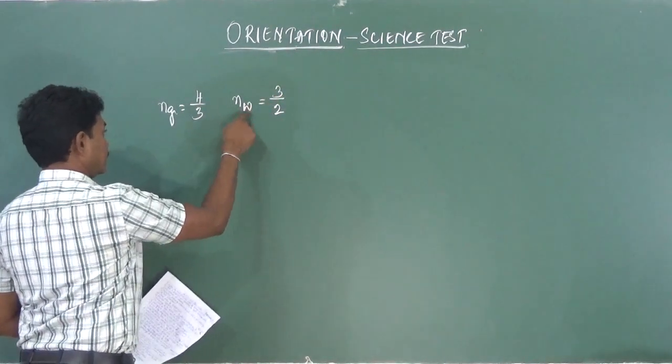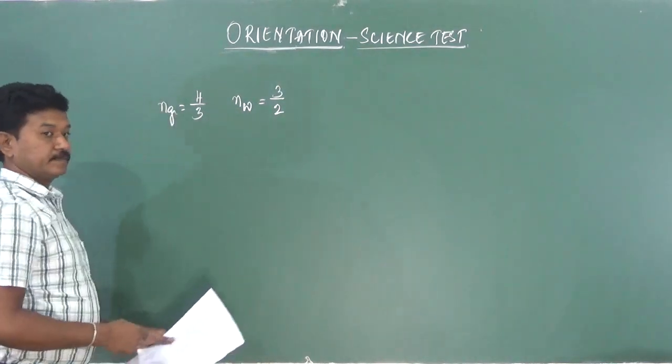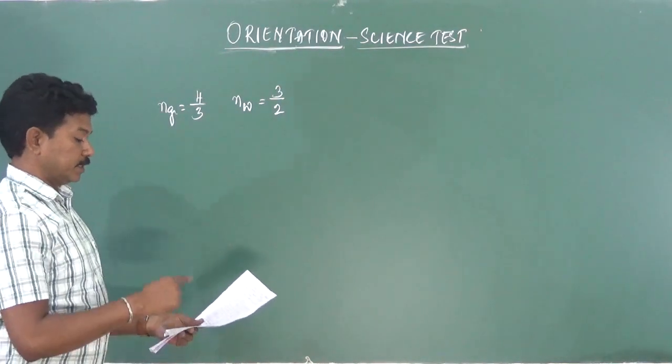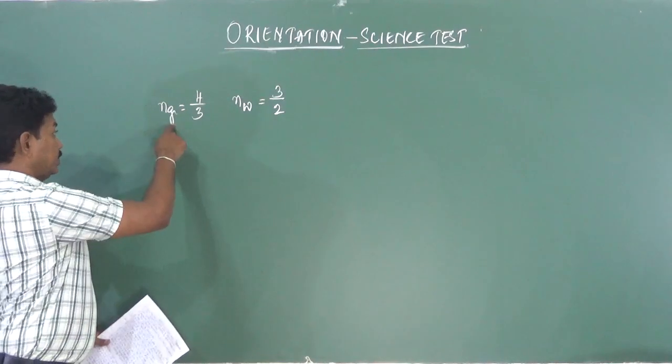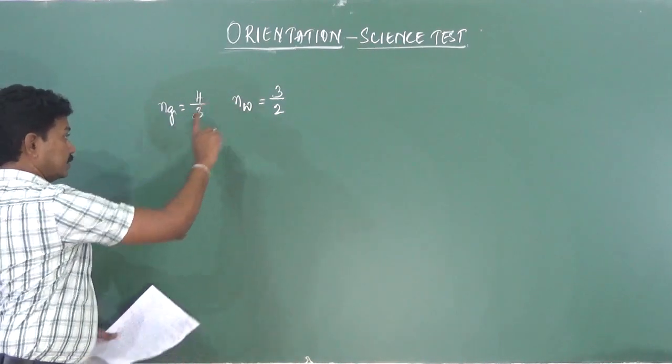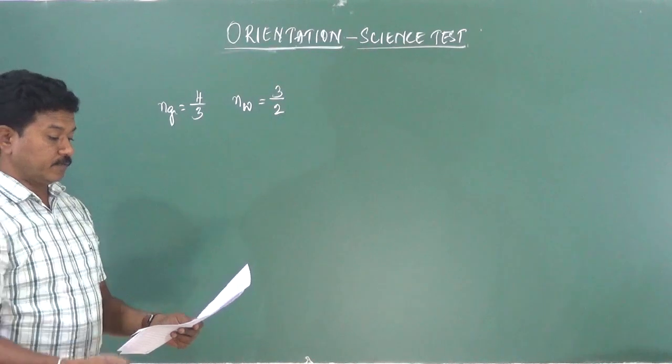Here G indicates glass and W indicates water.